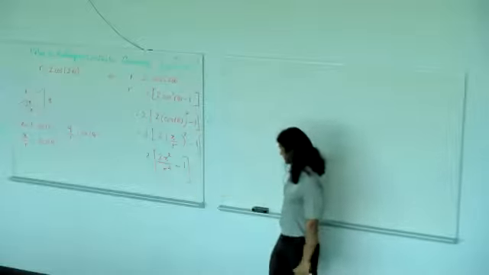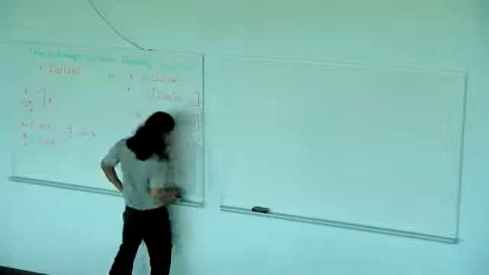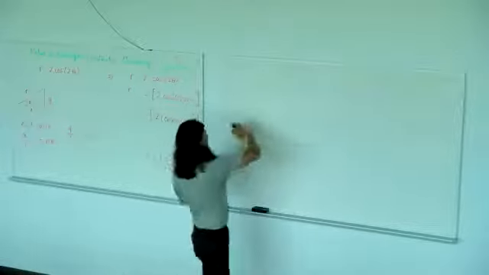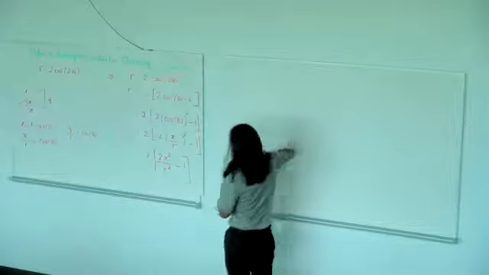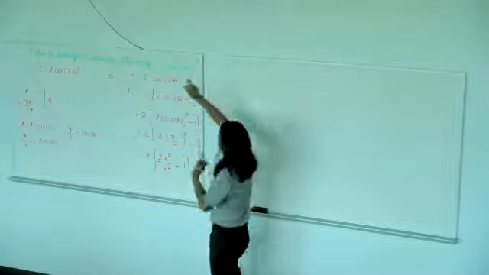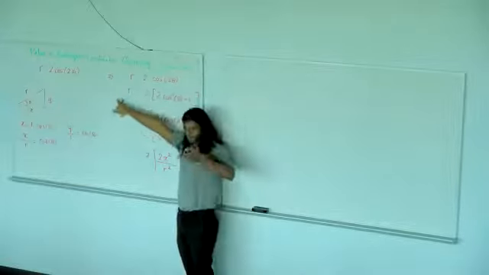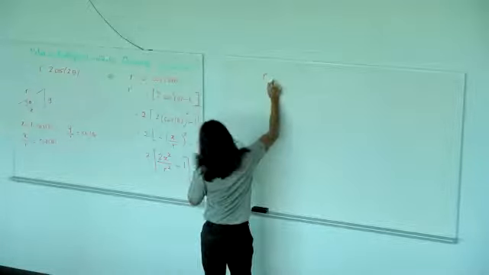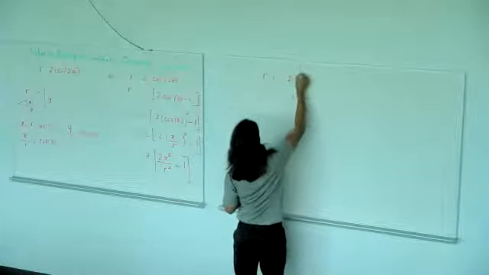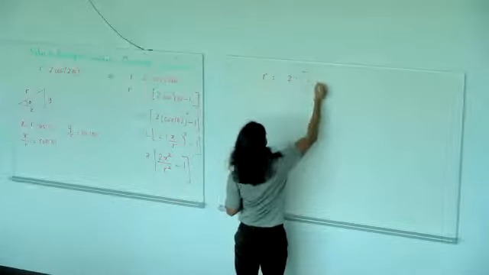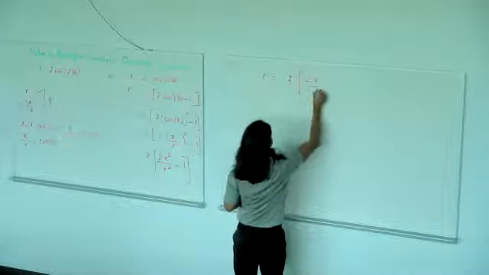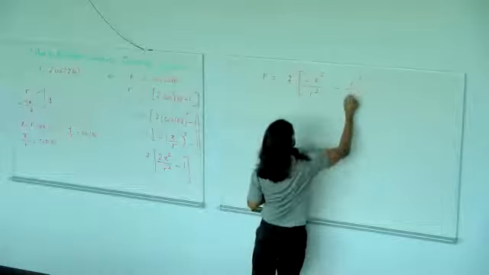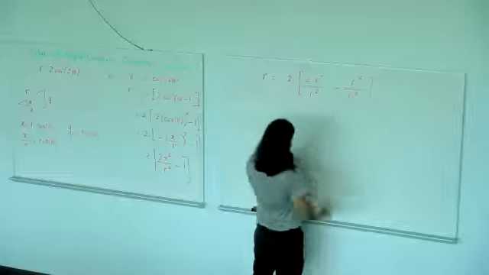Common denominator. We have to multiply and divide by the common denominator, which in that case is going to be r squared. So don't forget the r on the left-hand side. So r equals 2 times 2x squared divided by r squared minus r squared divided by r squared.